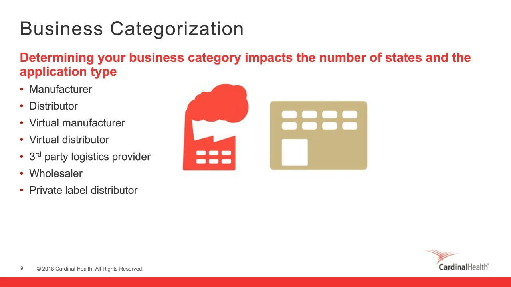Manufacturer means a business engaged in the production, preparation, propagation, conversion, or processing of a drug or device, either directly or indirectly, and includes packaging or repackaging of the substances or labeling or relabeling of the containers. So think of manufacturers as physical brick and mortar facilities that may or may not be the holder of the application.